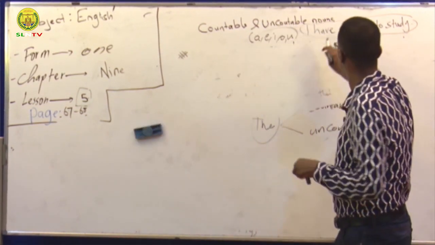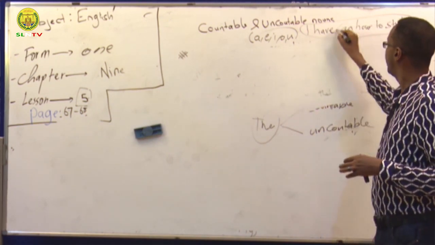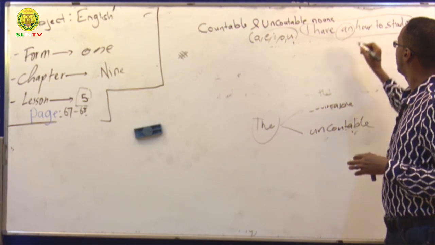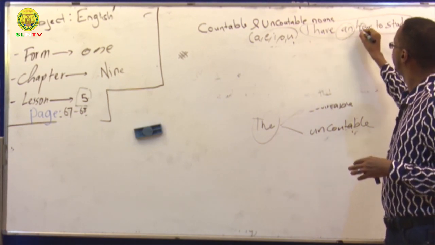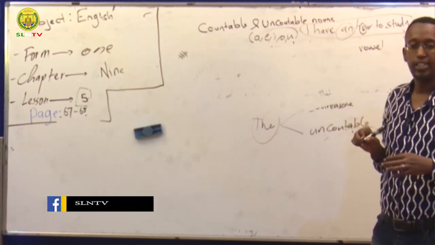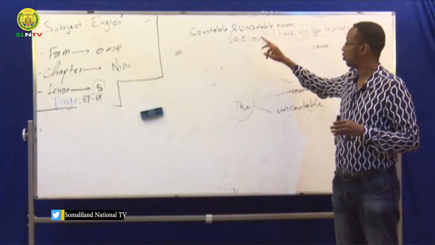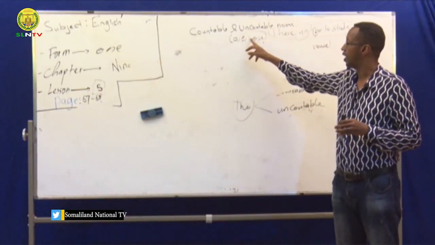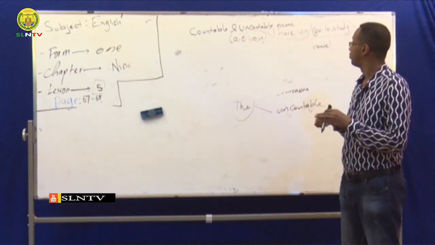So if I say I have an hour to study, I put an here because H is silent, so I have O here. So O is a vowel. And we have said if the word starts with these letters or vowels, A, E, I, O, U, you have to put an before it.